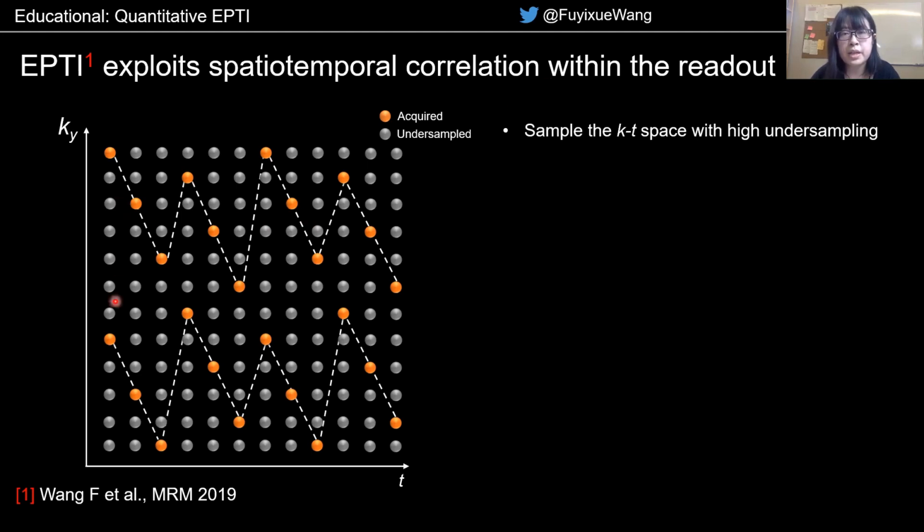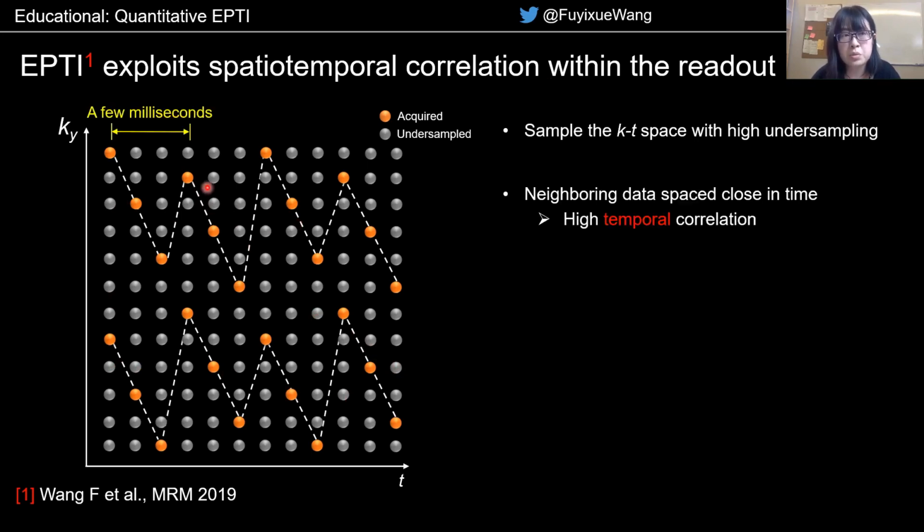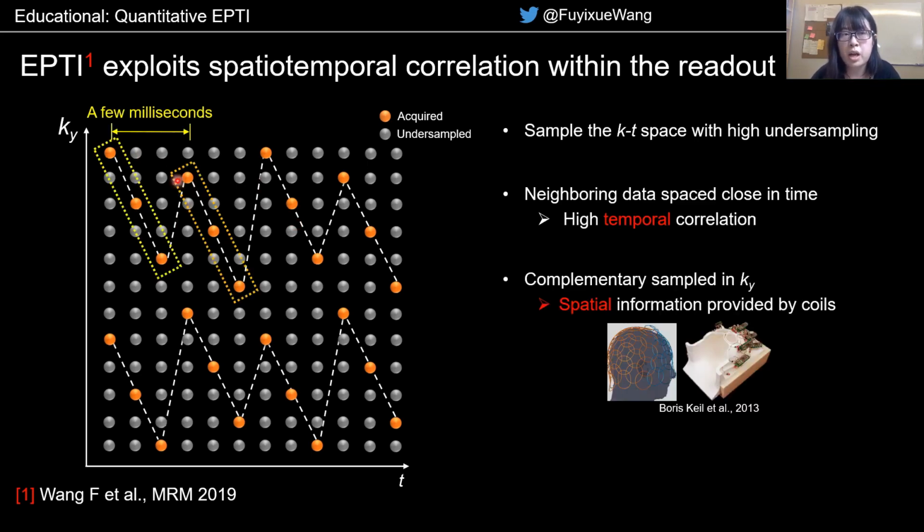It samples in the KT space with high undersampling using a spatiotemporal encoding pattern so that the neighboring data are spaced close in time with high temporal correlation and also complementary along the phase encoding direction to better take advantage of the spatial information provided by the multi-channel coils. And this strong temporal and spatial correlation will allow the undersampled data points in the KT space to be easily recovered.